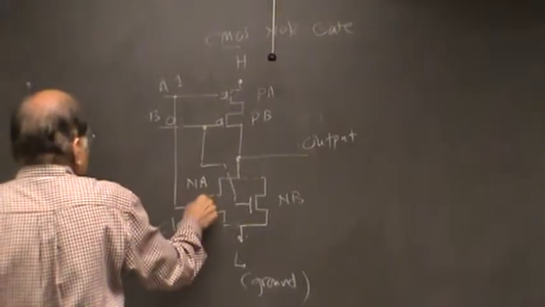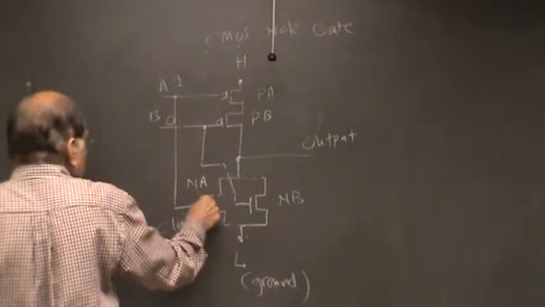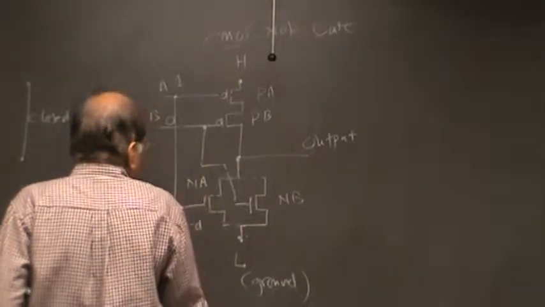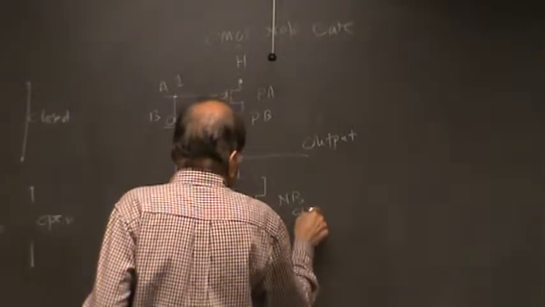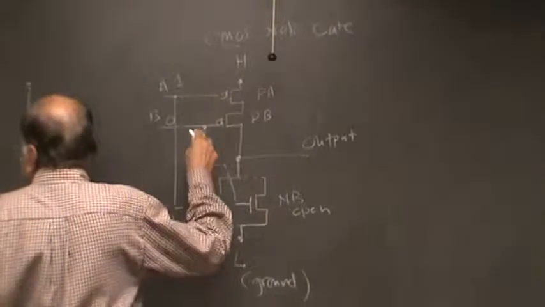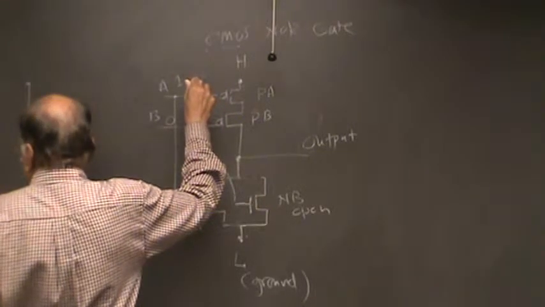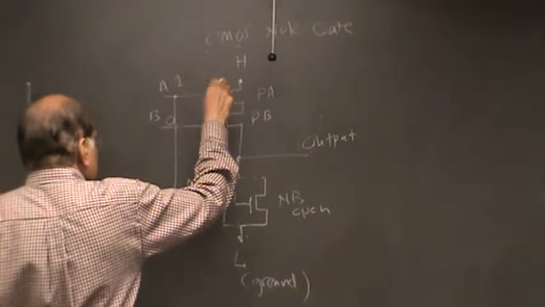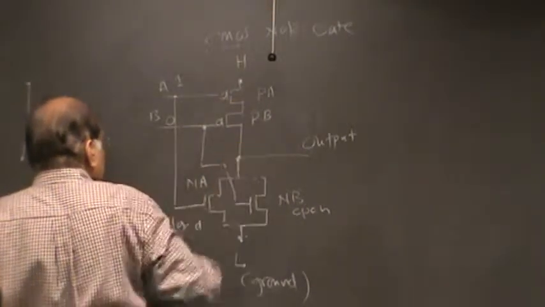Since this is 1, and this is an N channel, normally this would be closed. Now in this case, this is open. This would normally be closed. Okay, what can we say about between here and here?